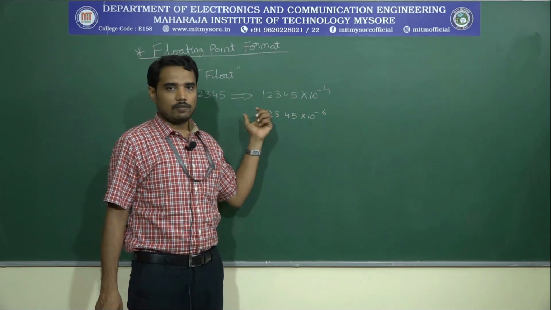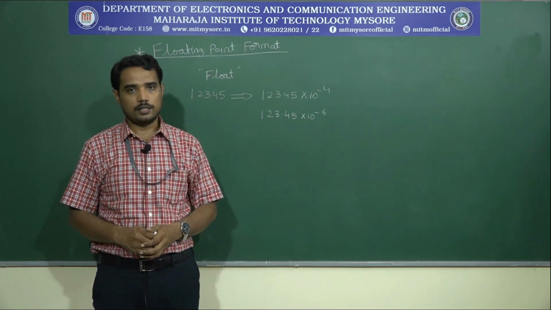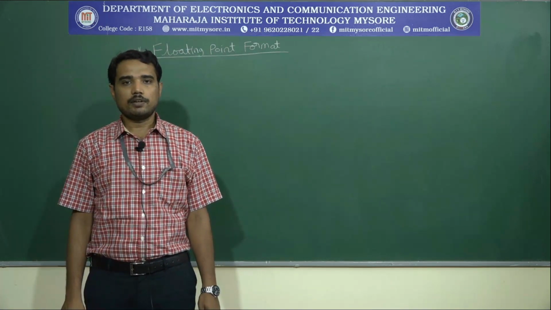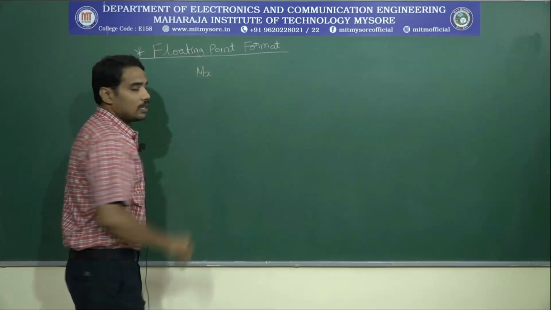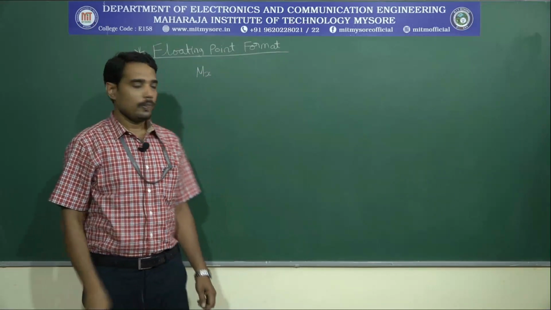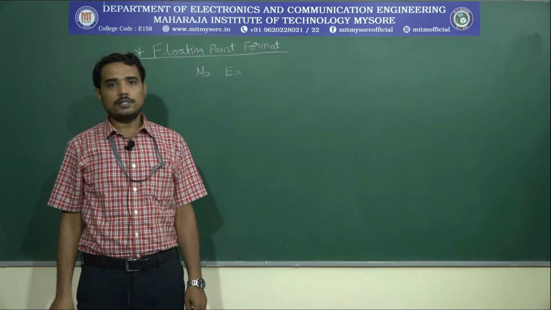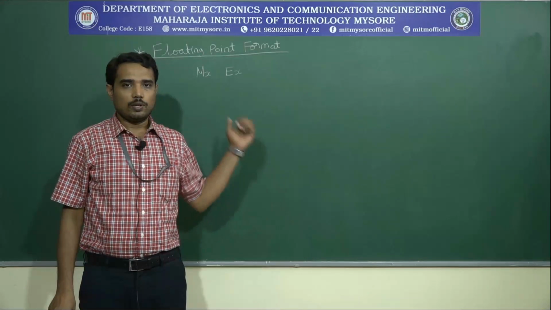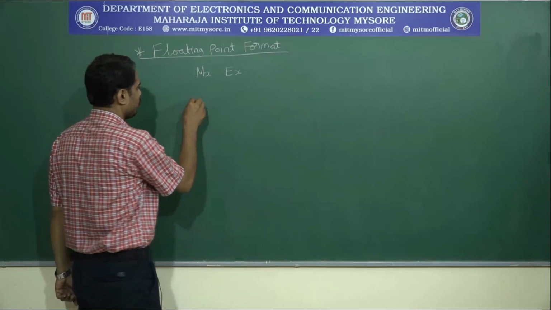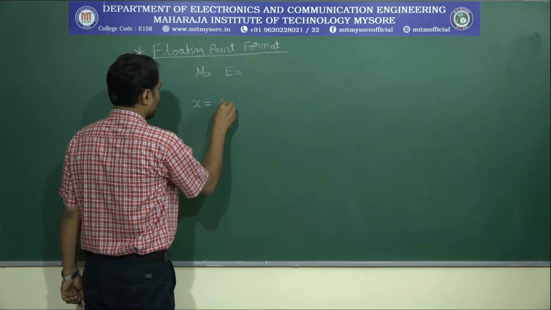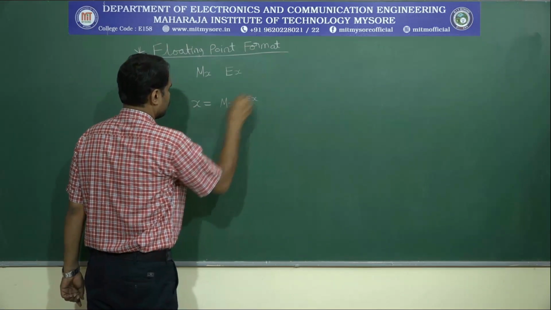Now we are going to see how to represent floating point numbers. A floating point number is made up of a mantissa mx, that is m suffix x, along with an exponent value ex. The general representation of a floating point number which takes a value x is x equal to mx into 2 raised to the power ex.